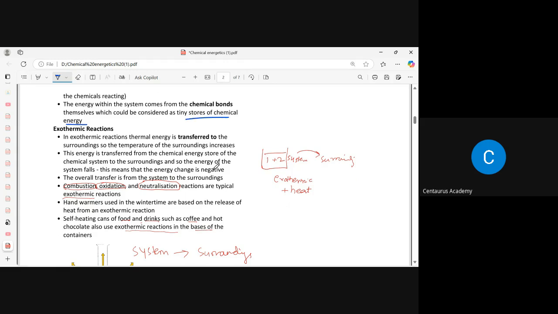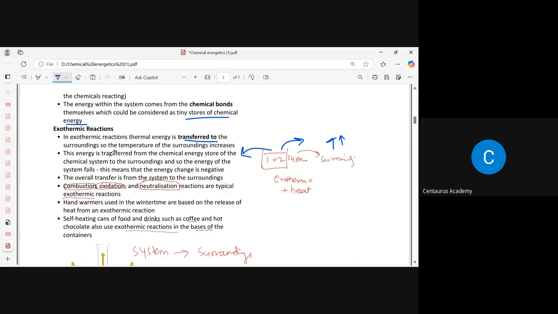In exothermic reactions, the thermal energy is transferred from the system into the surroundings, which means that if there is a maximum amount of heat energy being released, the temperature of the surroundings tends to increase. So your reaction mixture is going to feel hot.